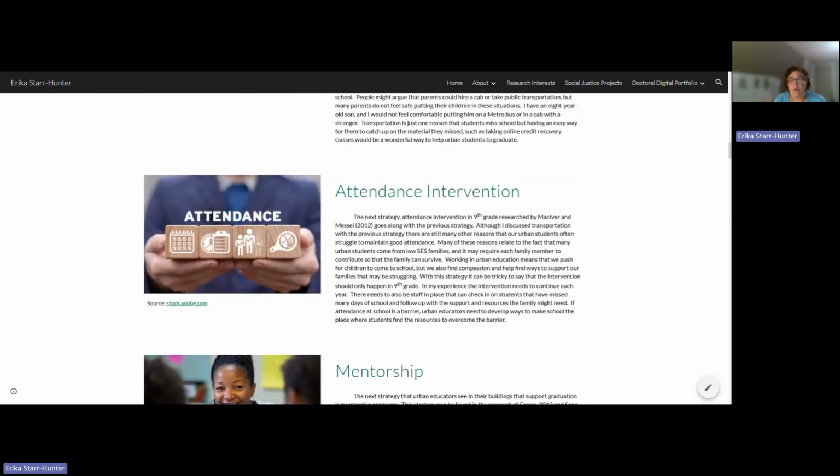In this one, they would target ninth graders specifically, but it could work with any of the grade levels, having social workers and maybe school counselors looking into attendance rates and seeing, specifically for each student, what might be the barriers for them to come to school.